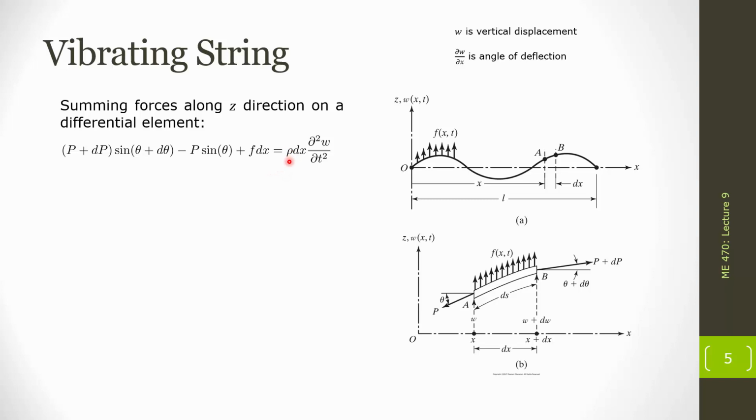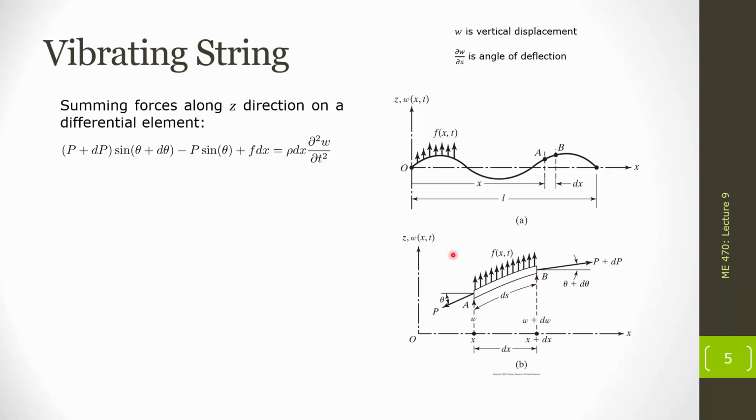So mass per length. It is not for strings going to be mass per square length or cubic length. It's just linear density. So if its linear density is rho, we are going to multiply it then by the length of the string to get the mass of this piece of string. And the length of it, again, we are approximating as dx. So rho times dx is our mass, and then we multiply by the acceleration.